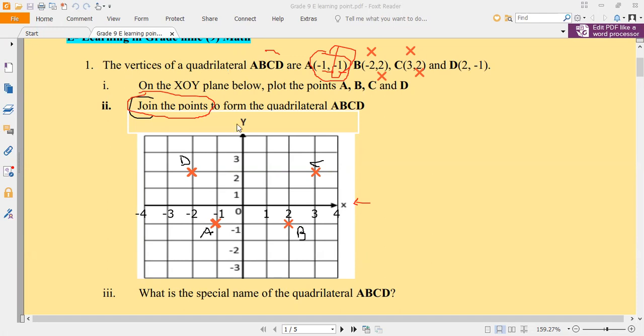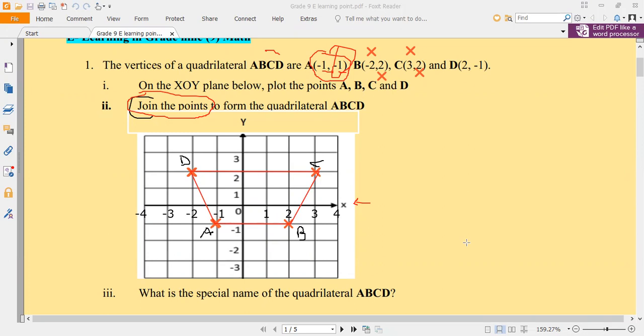So allow me to use a straight line. Point A starts from here, goes all the way up to here, and then B to C goes there, and then C to D goes there, and then back to A. Wow, that's so amazing. Now you can see that the shape we have made is a trapezium.